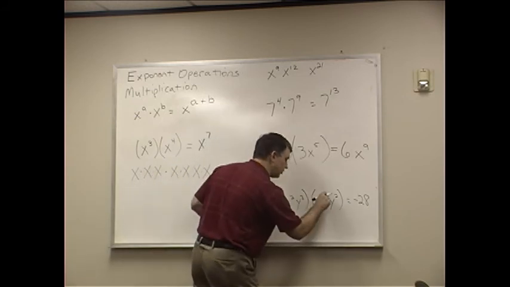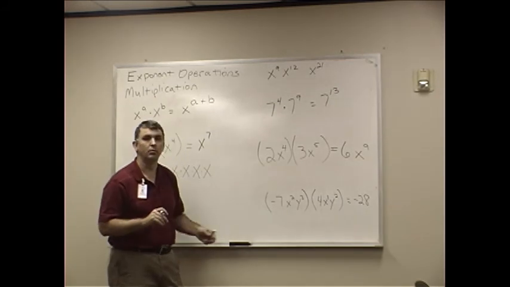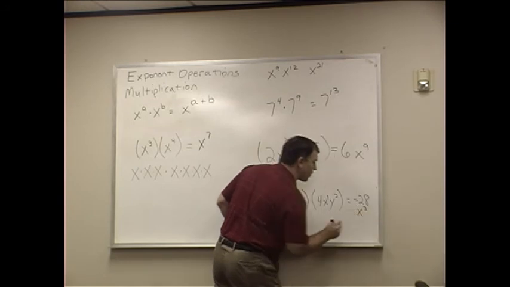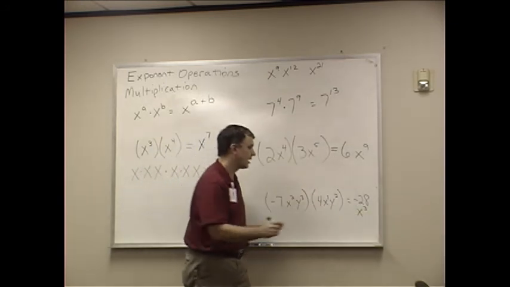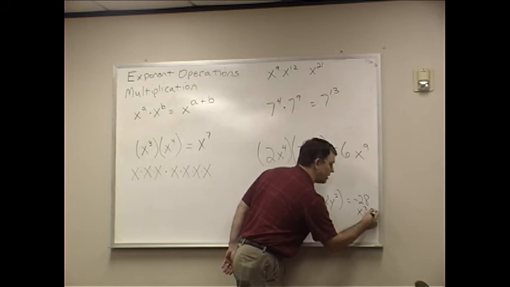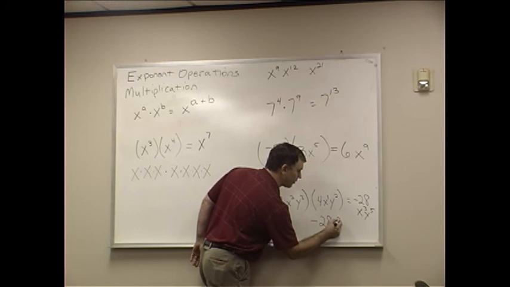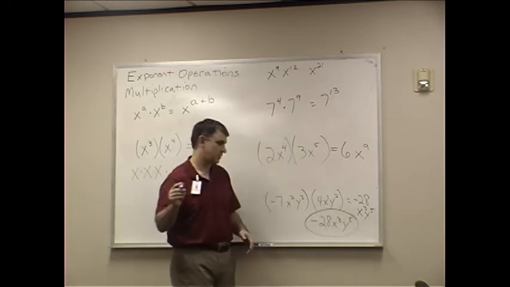It is understood that there is a 1 for the exponent. So 2 plus 1 is 3. So it's going to be negative 28 x to the 3rd, and then y to the 3rd times y to the 2nd would be y to the 5th. I'm going to go ahead and rewrite that. Negative 28 x to the 3rd, y to the 5th underneath there.